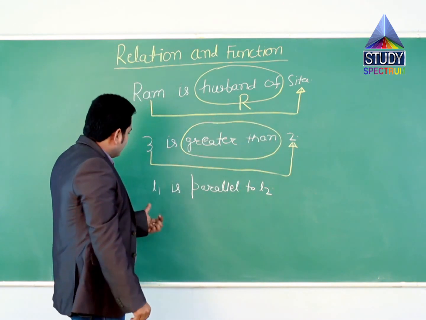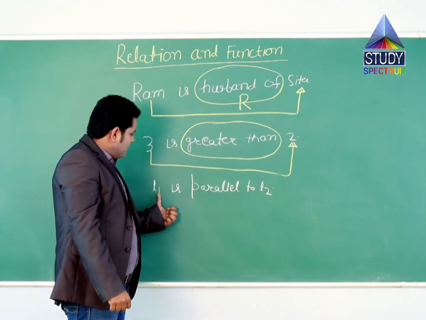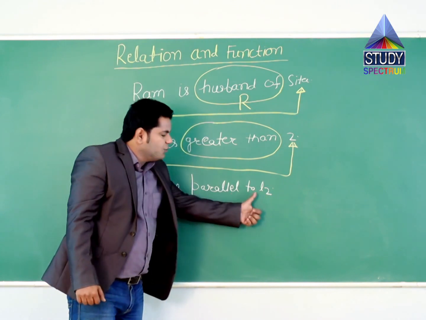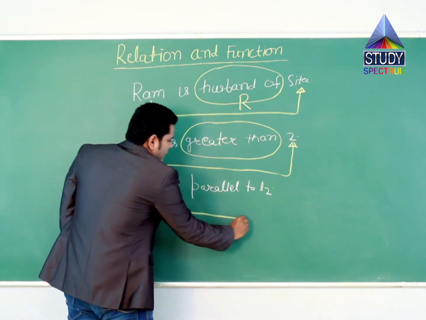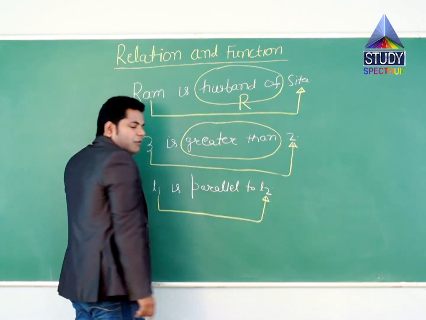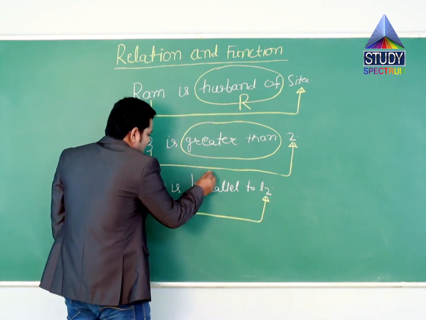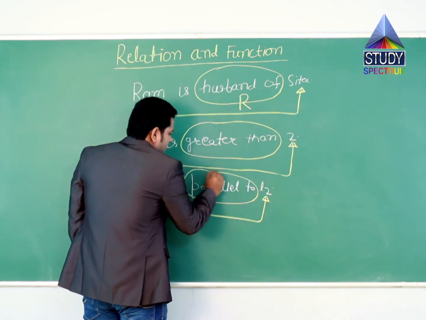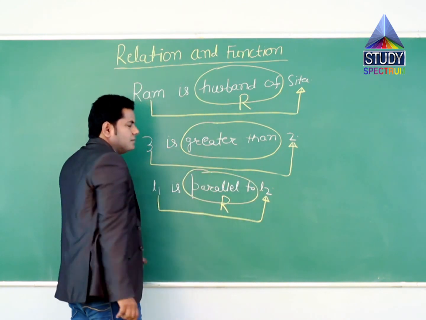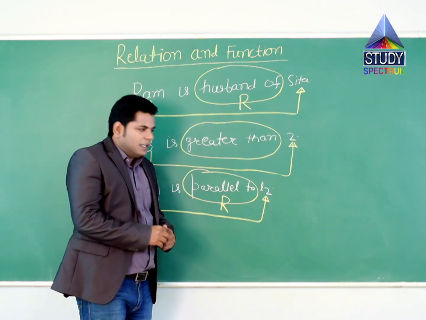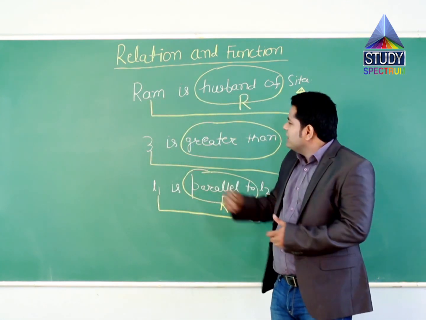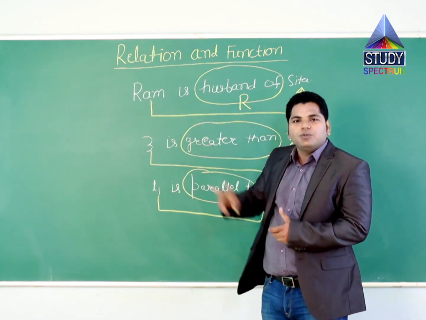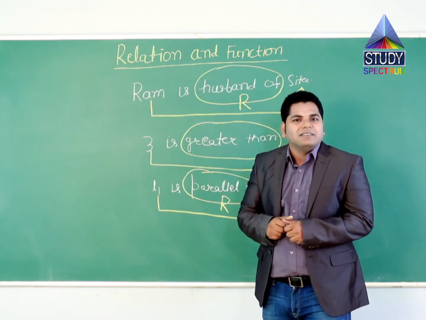Okay. Now come to the last example. L1 is parallel to L2. In this example, L1 is related to L2 with a relation that is parallel to. Okay.